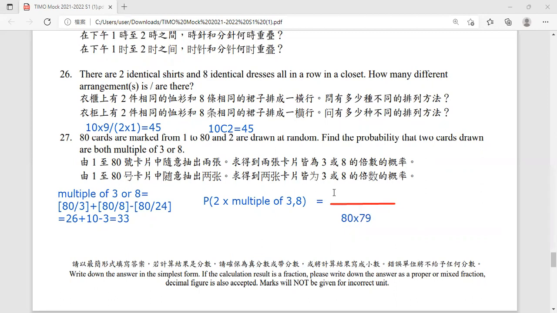This is 33 times 32. You just do some simplification before you multiply. So you divide by 60. So this is 2 and this is 5. So you got the answer, 66 over 395. That's that.